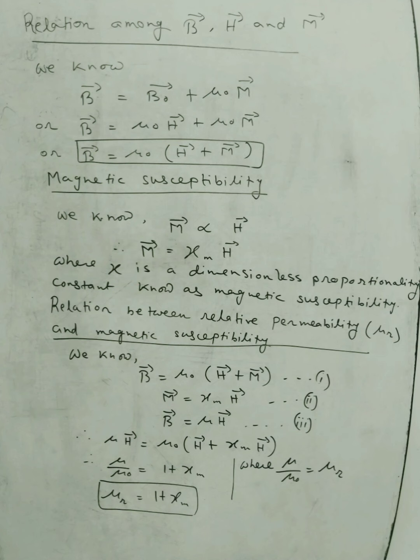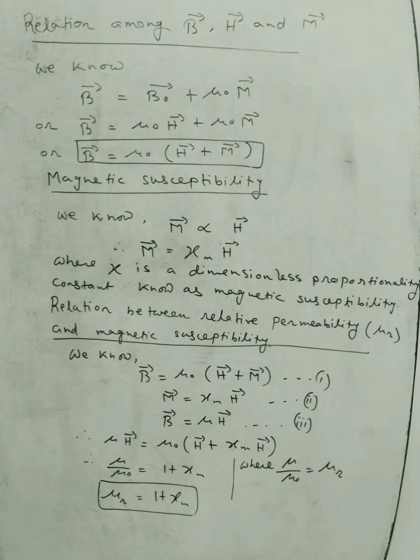Then from equations 1, 2 and 3 we can write mu into H is equal to mu 0 times H plus xi m into H. Therefore mu by mu 0 is equal to 1 plus xi. And we know that relative permeability mu r is equal to mu by mu 0. Therefore mu r is equal to 1 plus xi m.